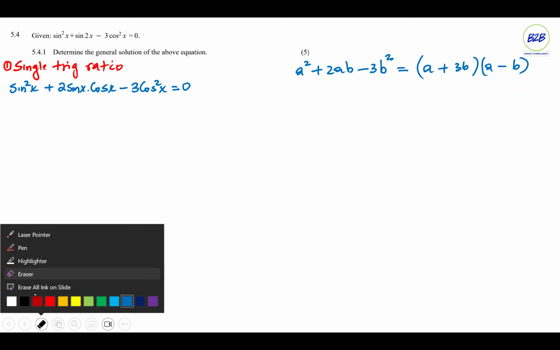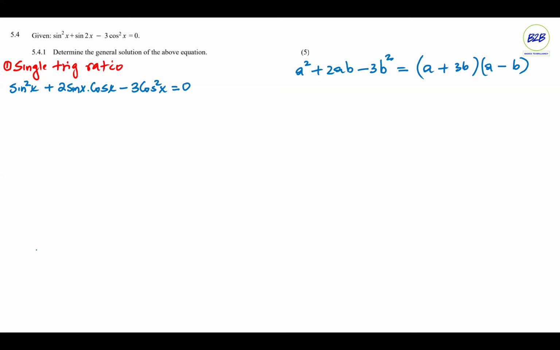So now let us come back to the problem at hand. How would we factorize sine squared x plus 2 sine x cos x minus 3 cos squared x? That is exactly the same as a squared plus 2ab minus 3b squared. In the place of a, we just have sine x.